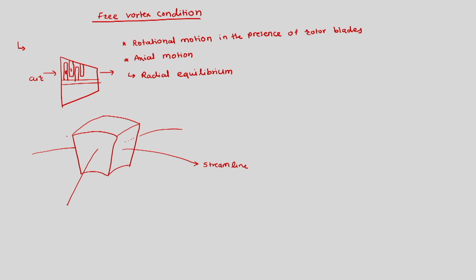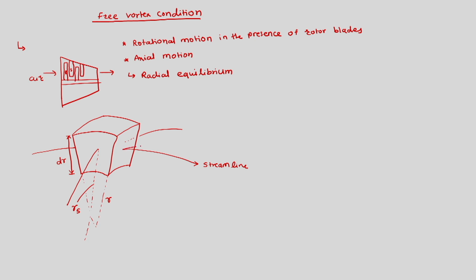So let us consider the geometrical dimensions. Let this be dr, since this is along the radius of the compressor, and this is the radius r of the compressor. Then there is the streamline which has curvature, and that streamline has its own radius, which we denote by RS, the streamline's radius.